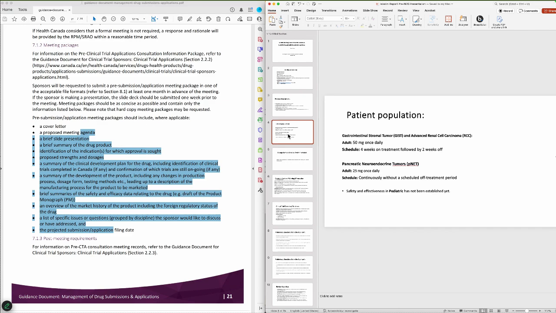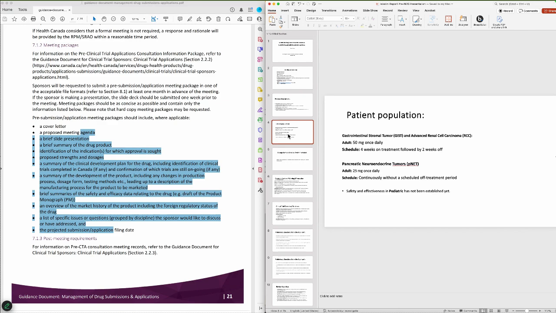Those templates allow the presenter and the Health Canada reviewers, also scientists, to learn more about your product even before you go to the meeting, because you send this presentation before the meeting, so all of the scientific reviewers will see the slides.